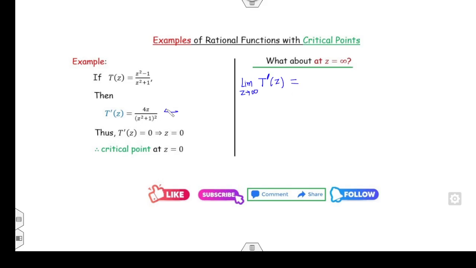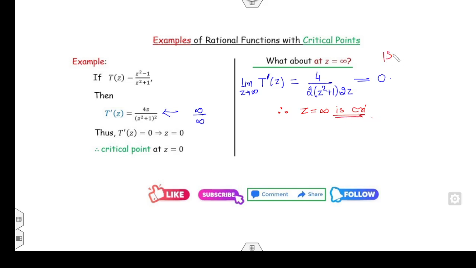Again it's an infinity by infinity form, so I can apply L'Hopital's rule. That becomes 2 into z square plus 1 into 2z, and clearly this becomes 0. So what can you say? That means z equal to infinity is my critical point.